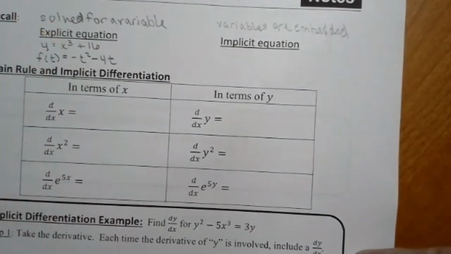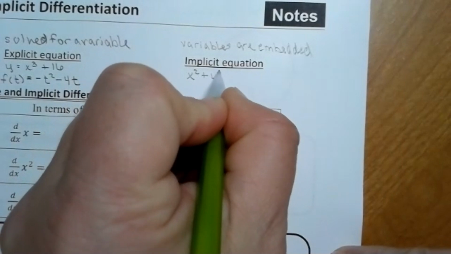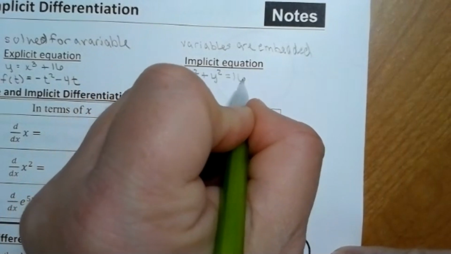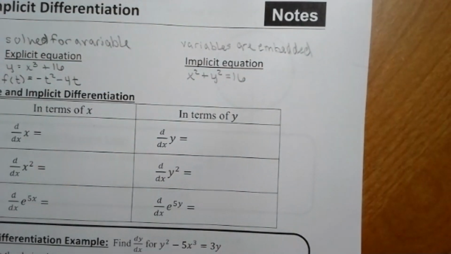But an implicit equation is something like this, the equation for a circle. It doesn't always have to be that simple. They actually are usually much more complicated than that.